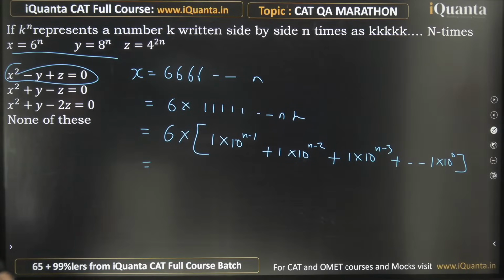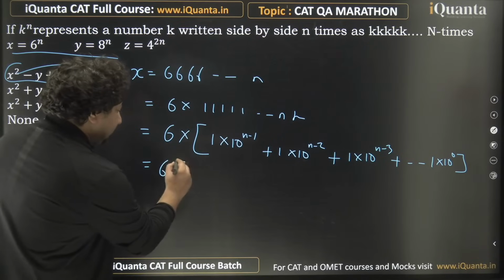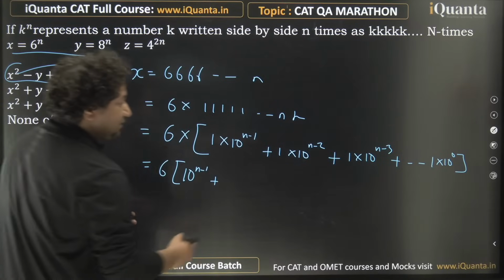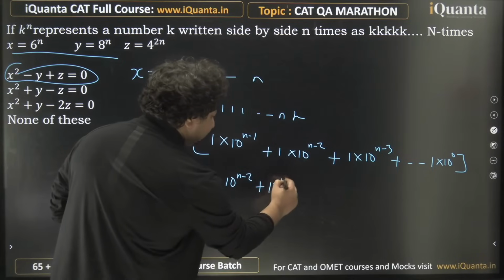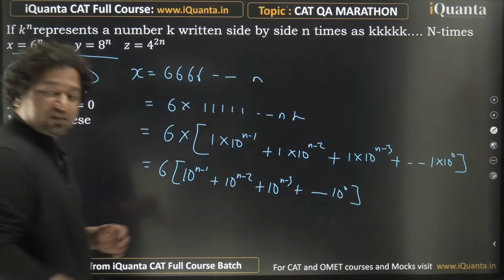So now, this is essentially a geometric progression in which the first term is 10 to the power n minus 1 and the common ratio is how much? What is the common ratio here? Common ratio is 1 by 10.